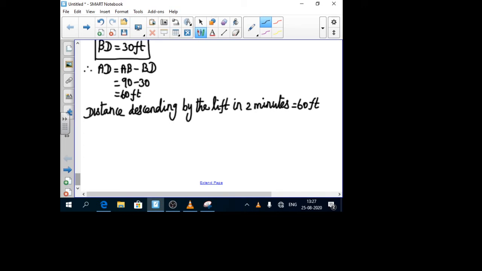Time taken is given, distance is given, you have to find the speed. So speed of the lift, speed equal to distance by time.